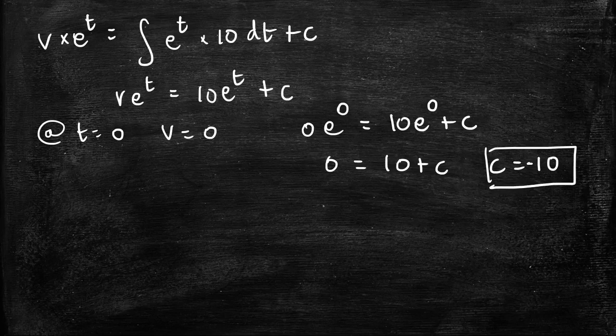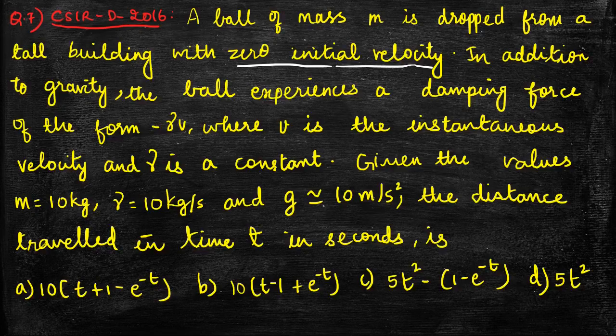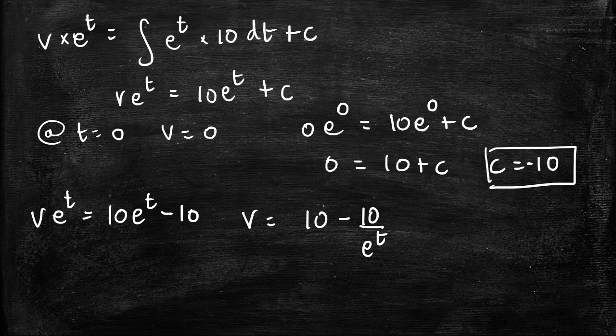Okay, so now you can substitute this in the solution. So now your solution will be v equals 10 minus 10 by e power t. Now again, the distance traveled is asked, right? So the distance traveled will be dx by dt.